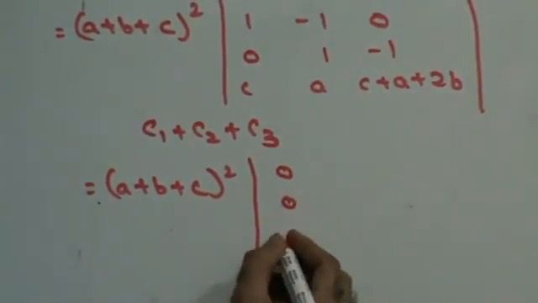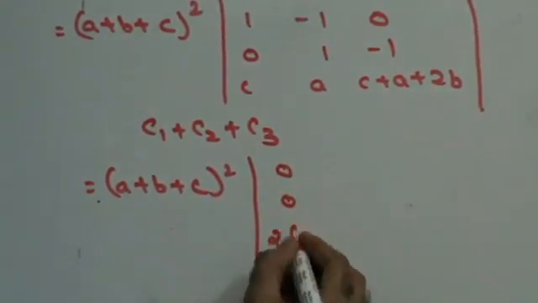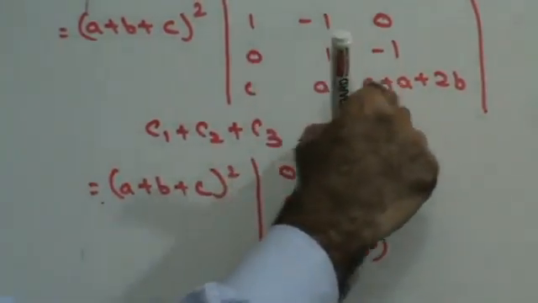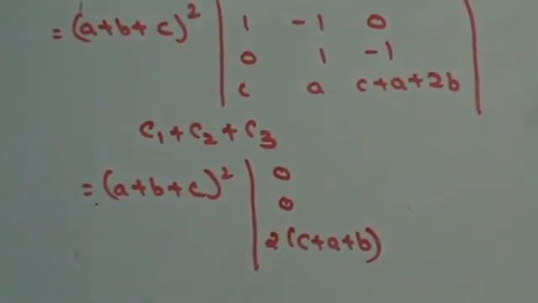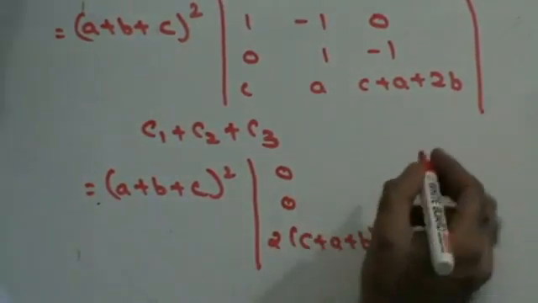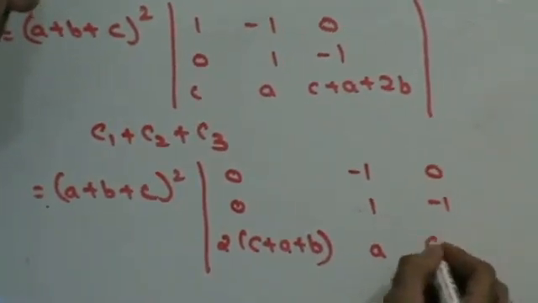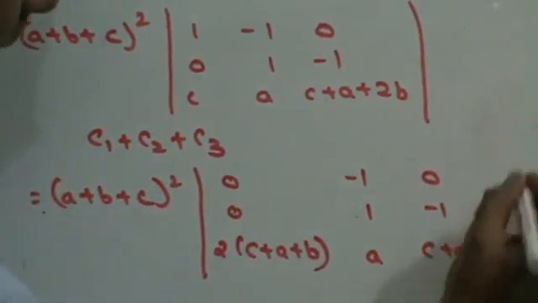This is going to be twice c plus a plus b, because this will be 2c plus 2a plus 2b. I have taken the 2 common to give you c plus a plus b. Minus 1, 1, a; 0, minus 1, c plus a plus 2b.